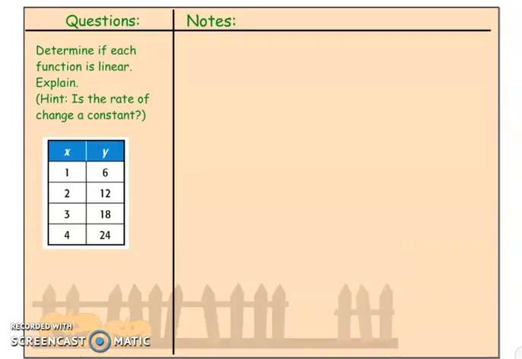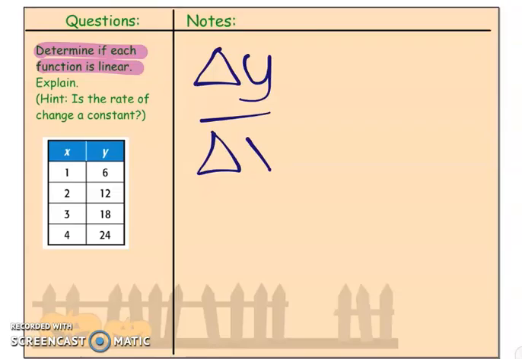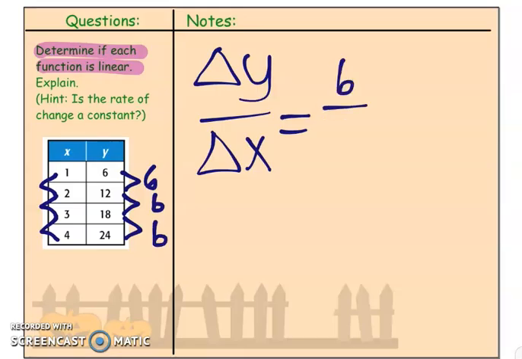All right, next up, we are just going to determine if each function is linear. So that means we're looking for the rate of change and we're figuring out if it's a constant. So change in y over change in x, is it a constant? So we look at each of these intervals. The change in y from 6 to 12 is 6. 12 to 18 is also 6. 18 to 24 is also 6. So all three of them are 6.